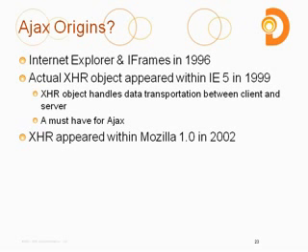Okay. So just a little bit about the Ajax origins. Back in '96, Internet Explorer started using iframes, and they weren't actually doing Ajax then, but they were trying to bring this idea of refreshing part of a screen. Maybe some of you have used iframes if you have an Amazon store or have ever interacted with people's specific Amazon stores.